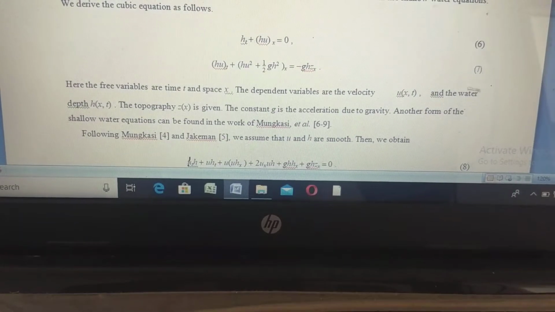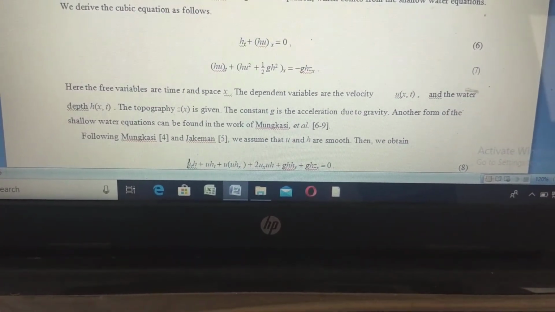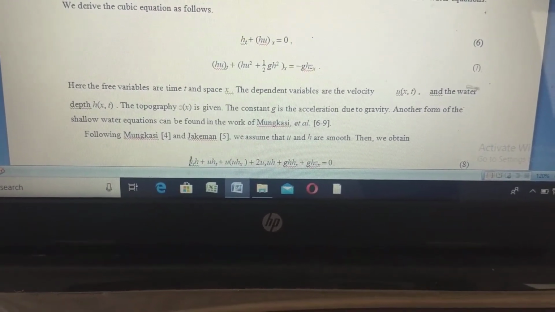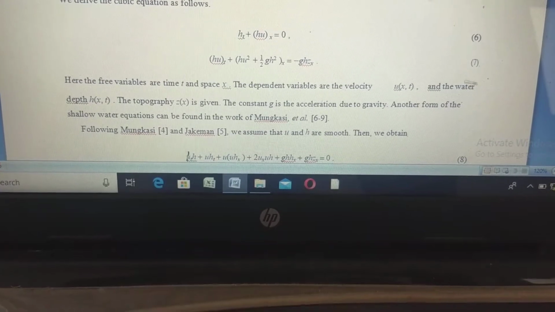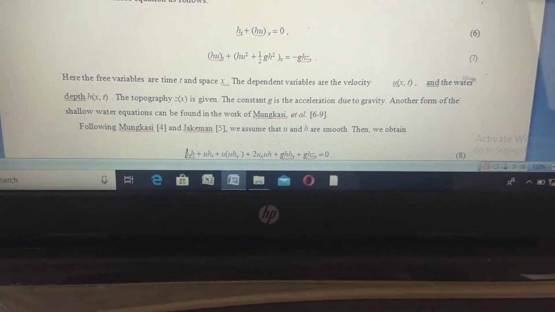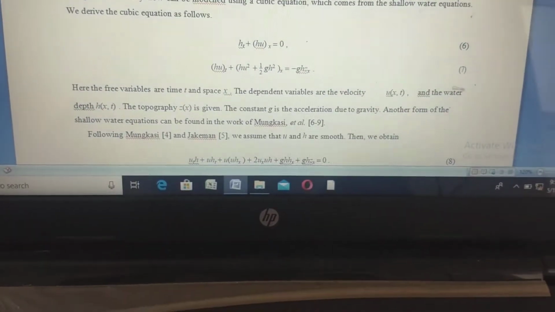The dependent variables are the velocity u of x comma t and the water depth h of x comma t. The topography z of x is given. The constant g is acceleration due to gravity.